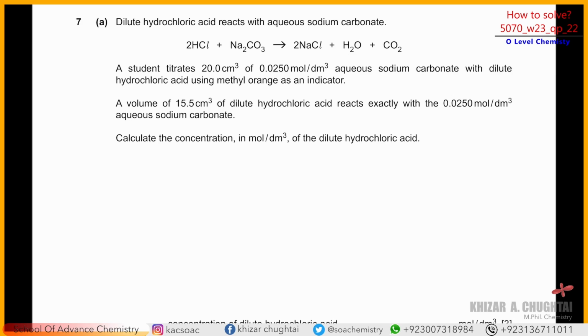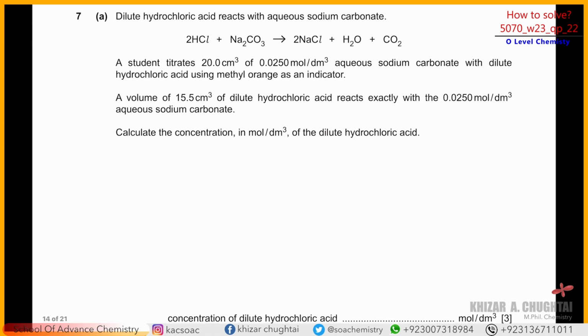A student titrates 20 cm³ of 0.025 mol per dm³ sodium carbonate with dilute hydrochloric acid using methyl orange as an indicator. A volume of 15.5 cm³ of dilute hydrochloric acid reacts exactly with the sodium carbonate. Calculate the concentration in mol per dm³ of the dilute hydrochloric acid.